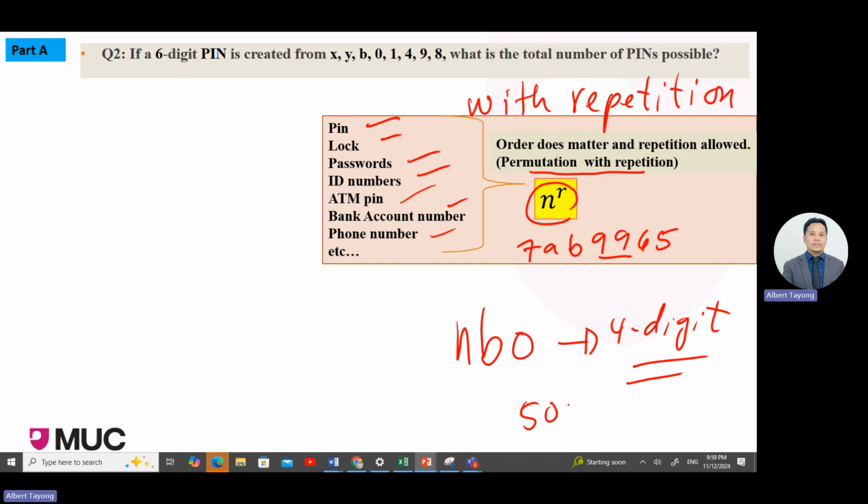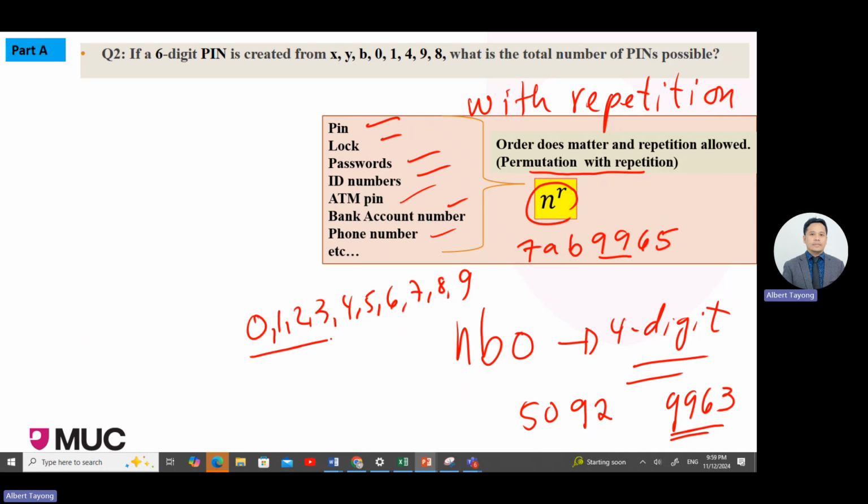Could be 5092. It could be 9963. So if we use only 4-digit, there are, of course, 10 possible digits, right?